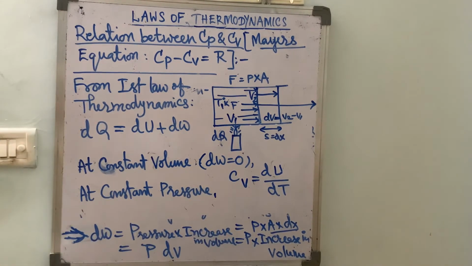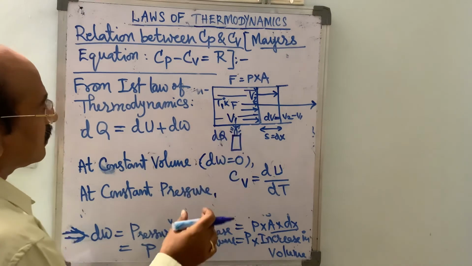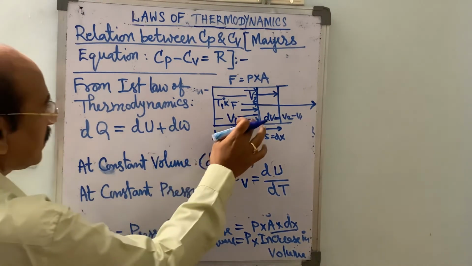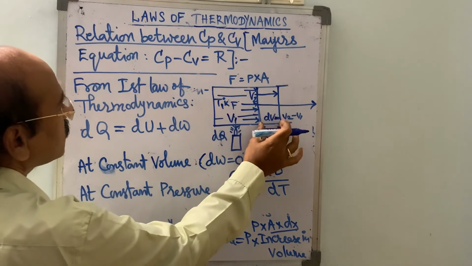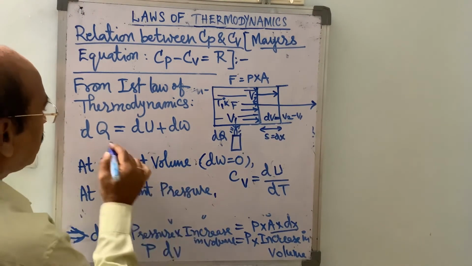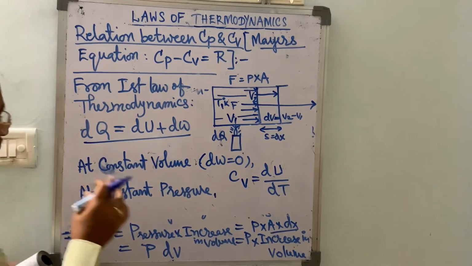To raise the temperature through 1 degree Kelvin at constant pressure, some of the supplied energy is utilized to increase the temperature, and the remaining part is used for expansion of the gas. Therefore, dQ is equal to dU plus dW in this case.